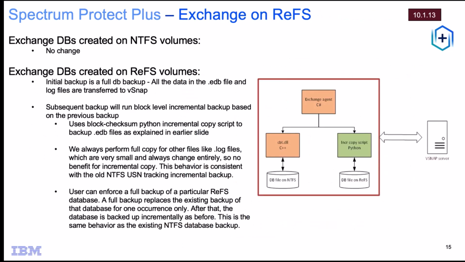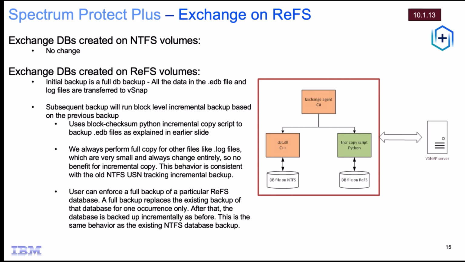Continuing on, we've now added incremental forever support for Microsoft Exchange when the databases are on the resilient file system on Windows. We always have done incremental forever for Exchange databases on NTFS file systems, so there's not really any change there.